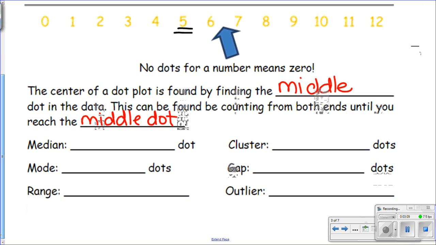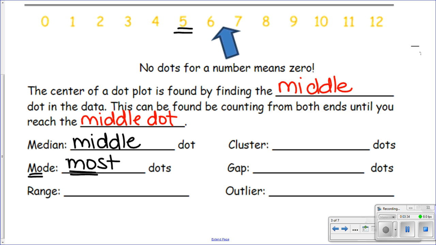Now we're going to define a few more pieces of vocabulary that might assist you during this dot plot. Median is also considered the middle dot. Mode is where we find the most dots.